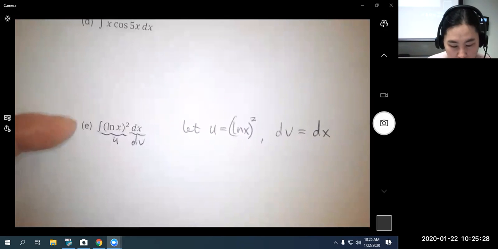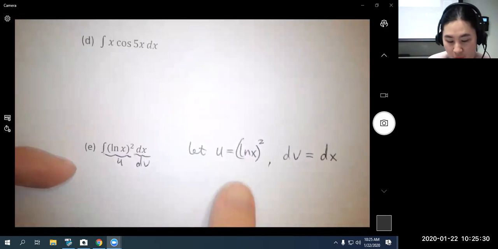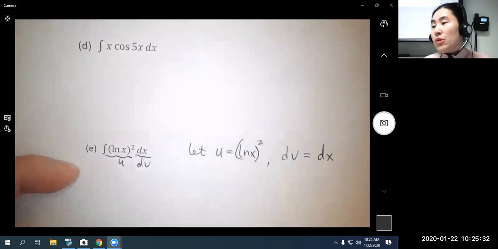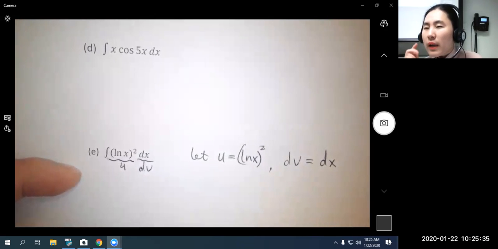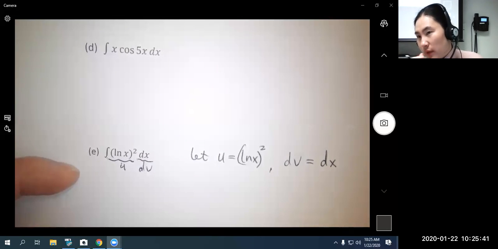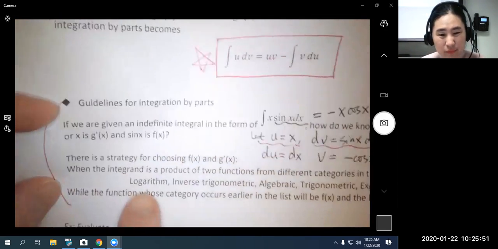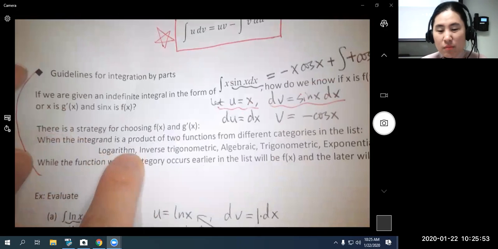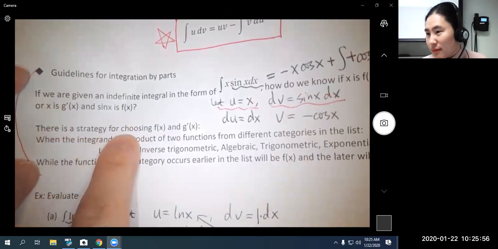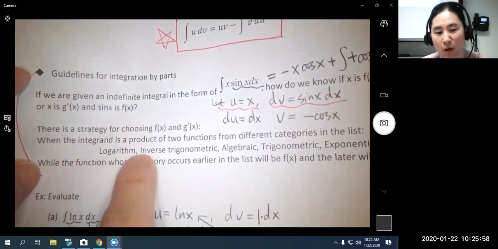All right, so all of these questions involve what? ln x. And you can see the way that we think: when we involve ln x in the integral, what should we do most of the time? We let u equals ln x. That's what we see. It is also the rule here. Logarithm is in the first place of this list.